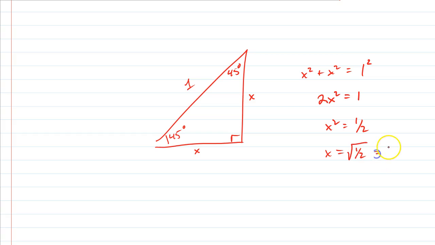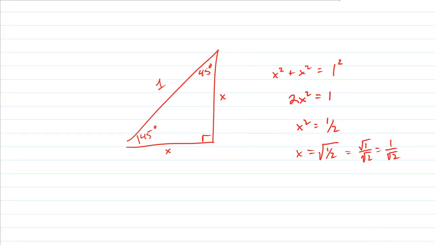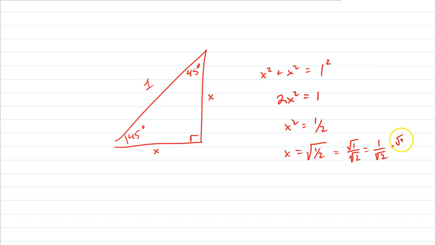Now, if I think of this square rooting it separately, I'm going to have 1 over the square root of 2. And remember, we've got to rationalize this, so we're going to multiply by root 2 over root 2, so that would be square root of 2, because 1 times square root of 2. And then root 2 times root 2 is 2. Okay, finally, we have our answer.